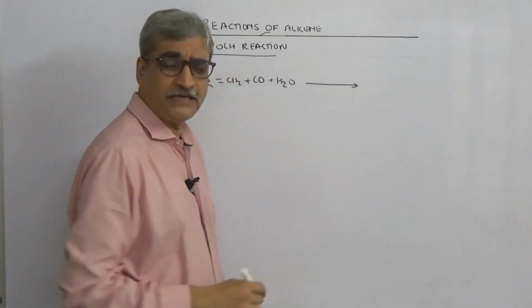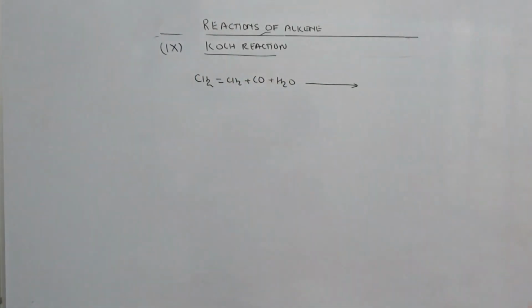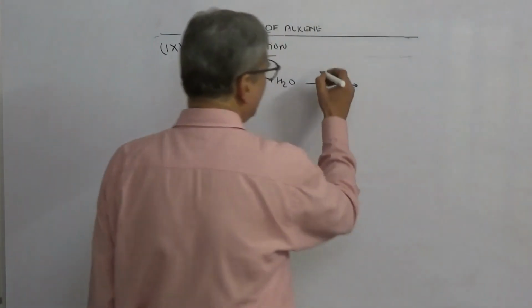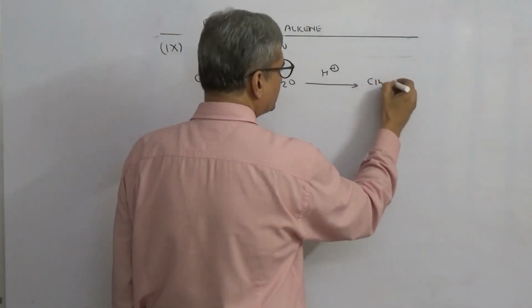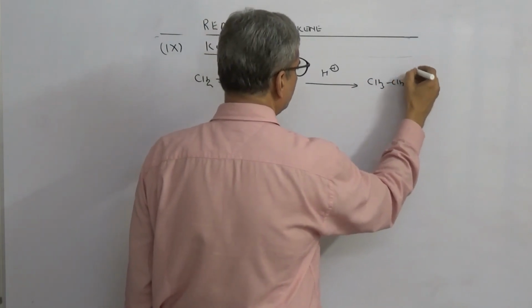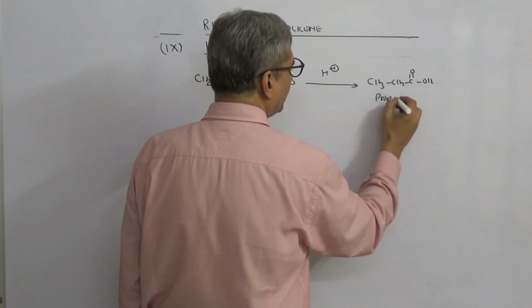What happens is you will end up with, let me find out what catalyst we can use, they have just said mineral acid. So you will get CH3CH2COOH, which becomes propionic acid.